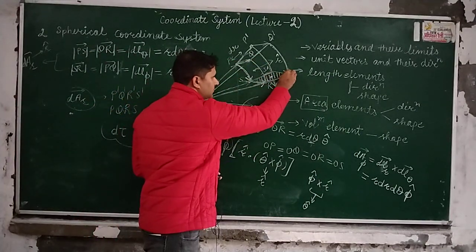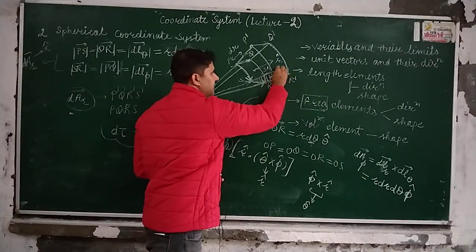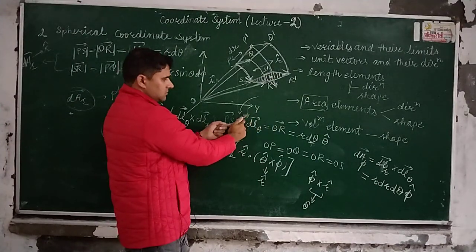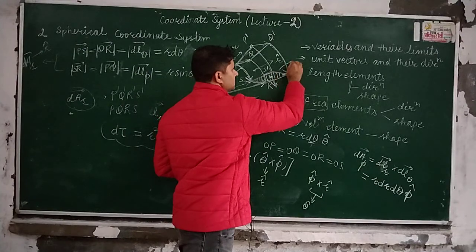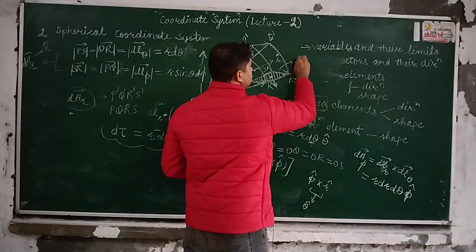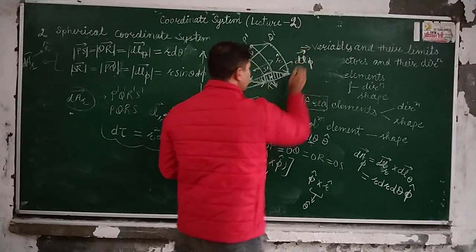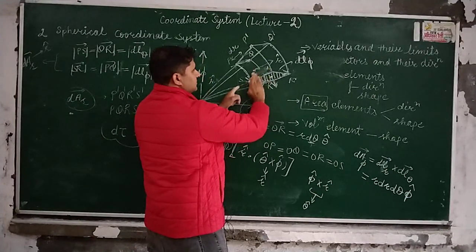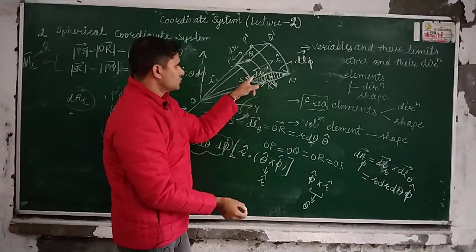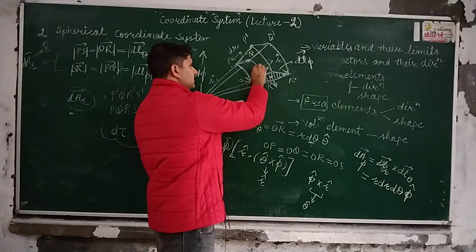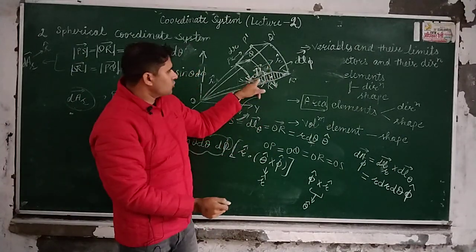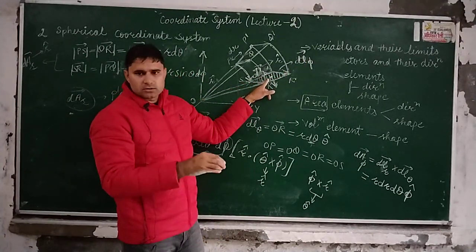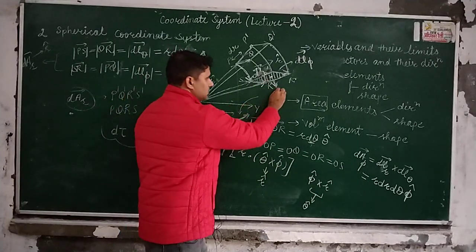I have told you that this length element, its projection will give you dl phi here, and this is dl r, S dash, this is dr. So the cross product of dl phi and dl r will give you the surface area whose direction will be along theta cap.